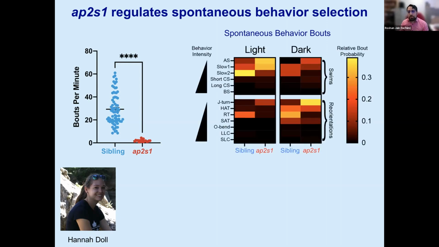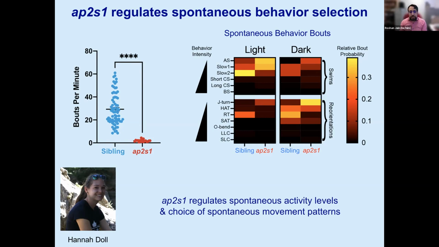So we looked at all of them, both in the light and the dark, and we found that the mutant seems to be shifting the behavior patterns that they select to do, even in the absence of stimuli, in the dark as well as in the light. And in both cases, they seem to be shifting towards less vigorous, weaker responses, and away from the faster, stronger responses, which is in contrast to what we found with the acoustic evoked behavior, where the fish are biased towards these fast behaviors.